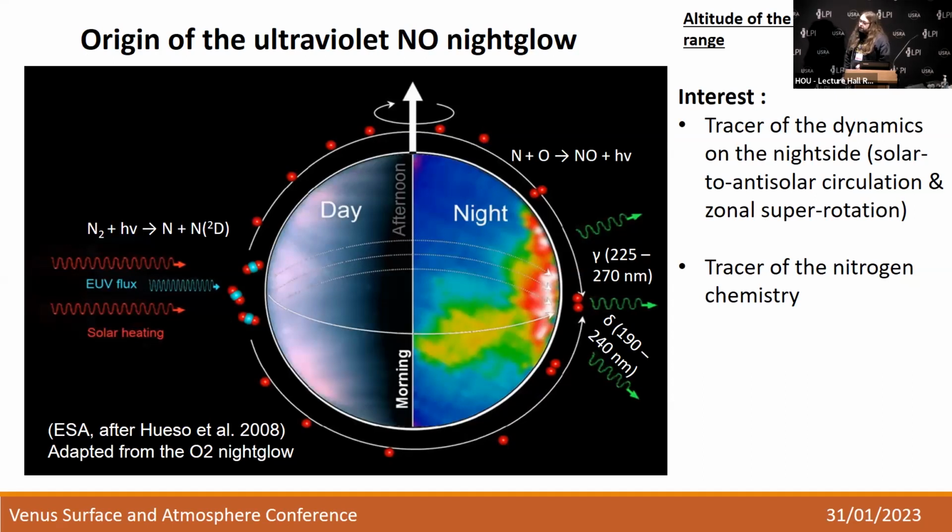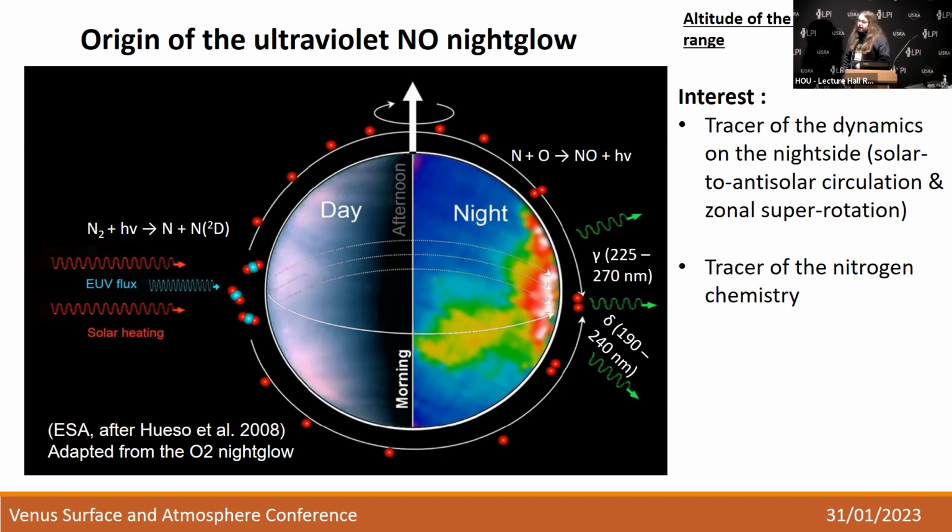As presented by Frank Mills this morning, it's pretty much the same process of creation. On the day side, you have the photolysis of dinitrogen and carbon dioxide that produces nitrogen and oxygen atoms that are brought to the night side through the solar to antisolar circulation.